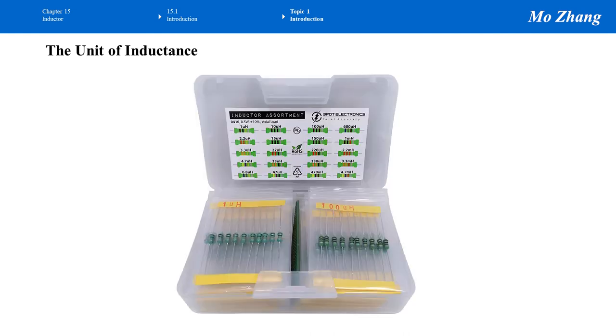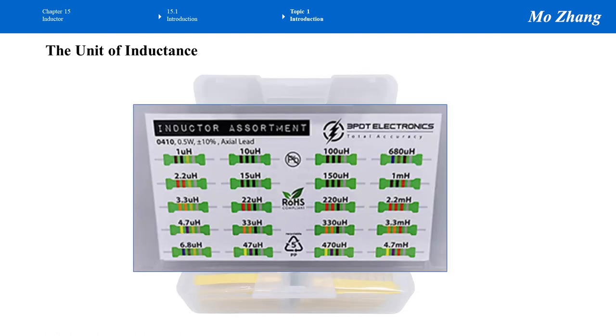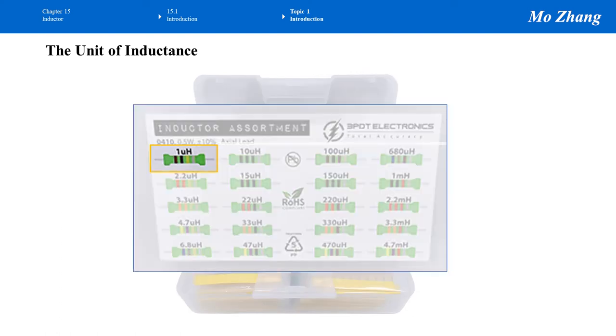Here is a kit that has different values of inductors in it. If you search in an electronic store or online stores, you can easily find this kind of kit. It gives you different values of inductors. If I zoom in on this label, the kit has inductors with the following values.